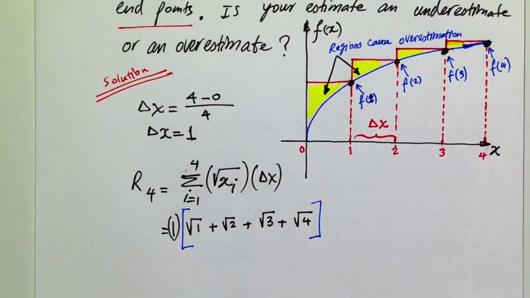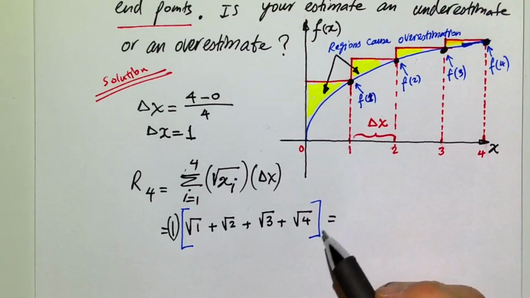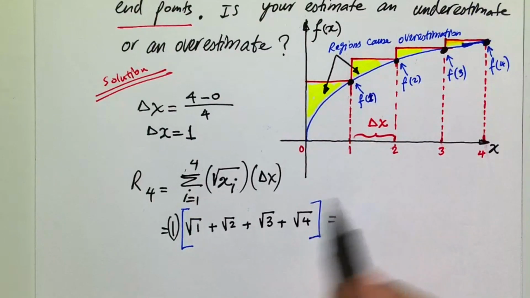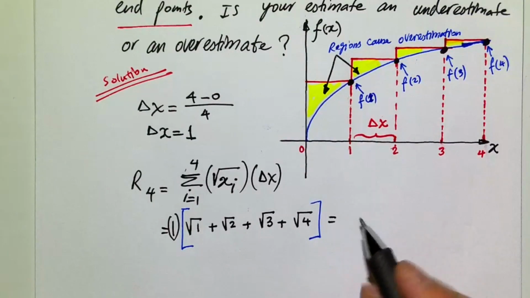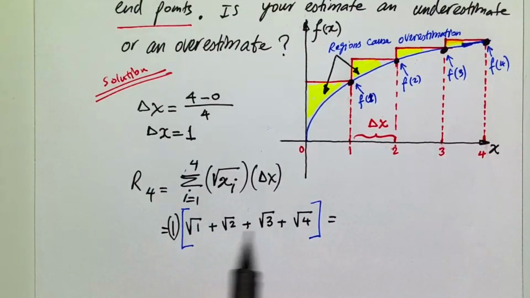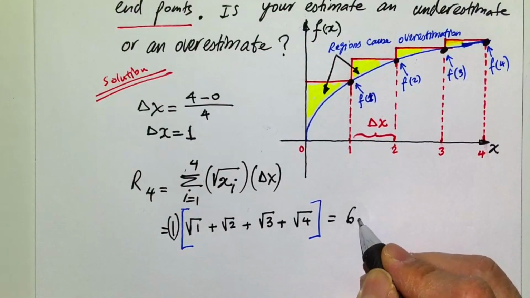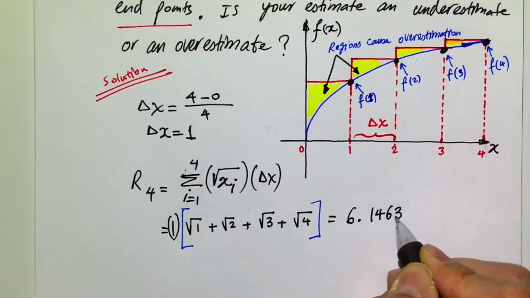Like that. Okay. And so if we add all of this, this is what I got. Please don't trust this value. Calculate this. When I calculated all of this and, of course, rounded some of them, times 1, this is what I got, 6.1463.